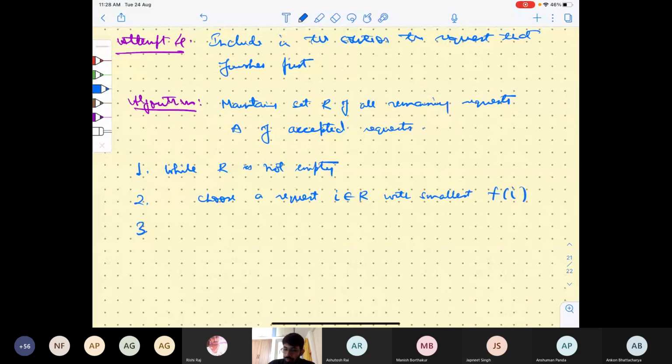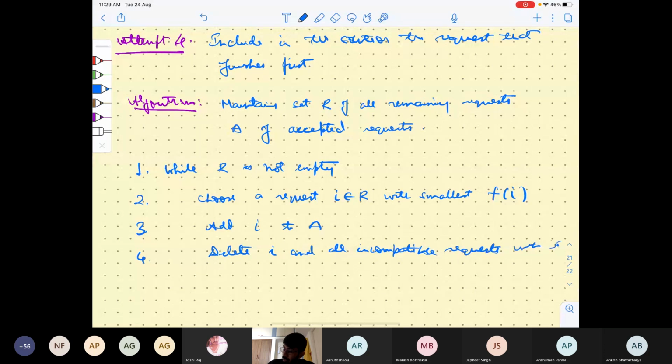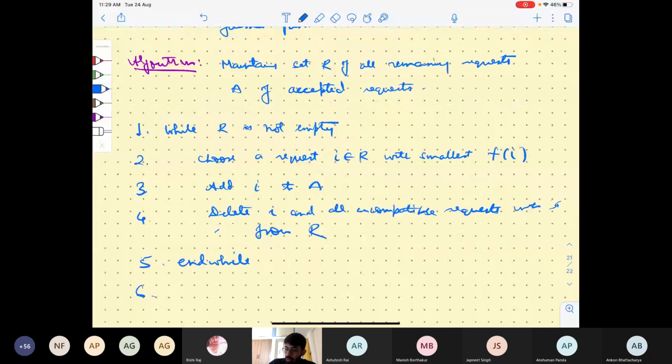Add I to A. Delete I and all incompatible requests with it from R. And that's it. Now you end the while loop, and when R becomes empty, you output the solution, the accepted requests. Good. So this is the algorithm.